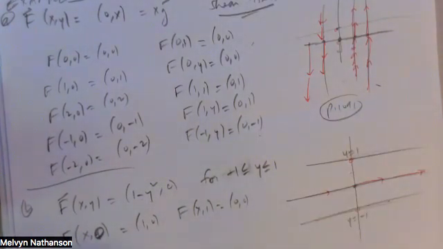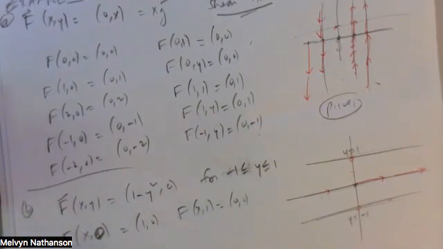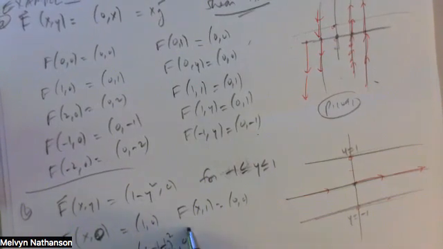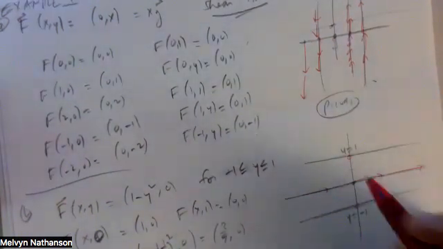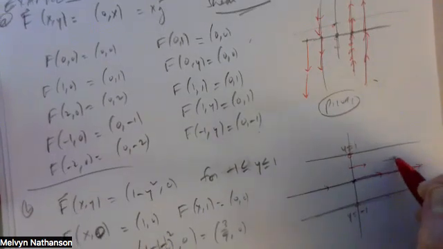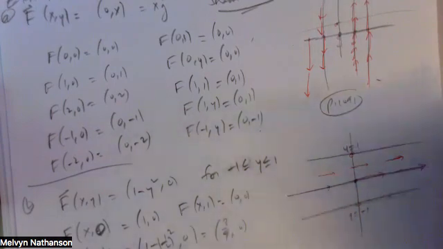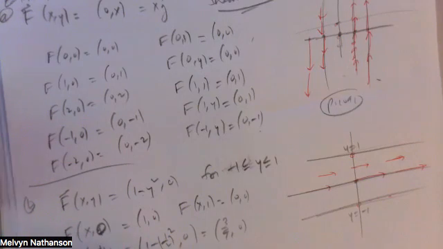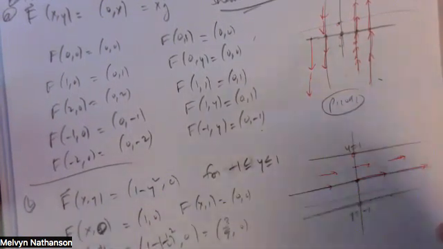What about halfway through? f of (x, 1/2). When y is a half, this is 1 minus a half squared, which is 1 minus a fourth, so (3/4, 0). So on this line, at every point, there's a vector of length 3/4. And this is the case whether you have plus or minus a half, because you're squaring y.